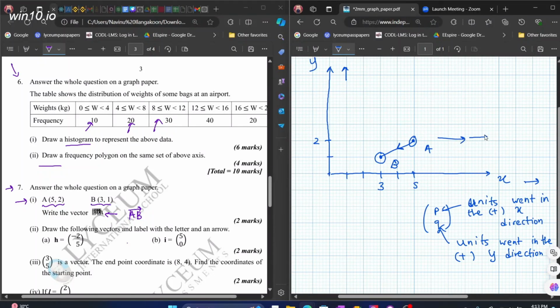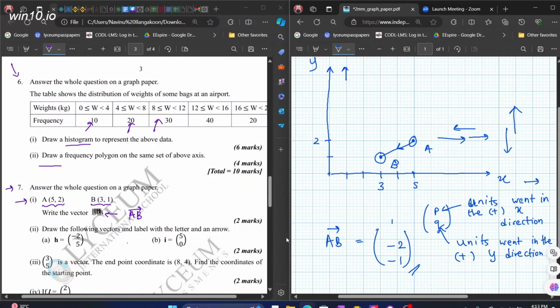We haven't gone in this direction. But in the opposite direction, we have gone 2 units. So we can write it as -2. Then in the positive y direction also, we haven't gone. We have gone in the exact opposite direction. So we can write it as -1. So the vector AB is (-2, -1).